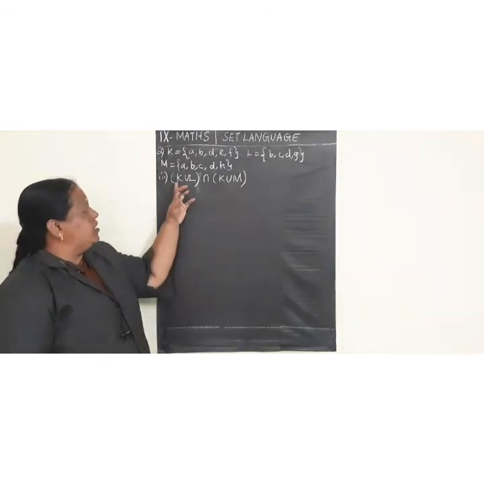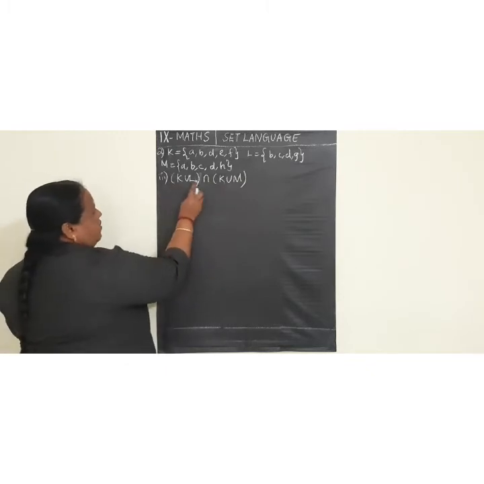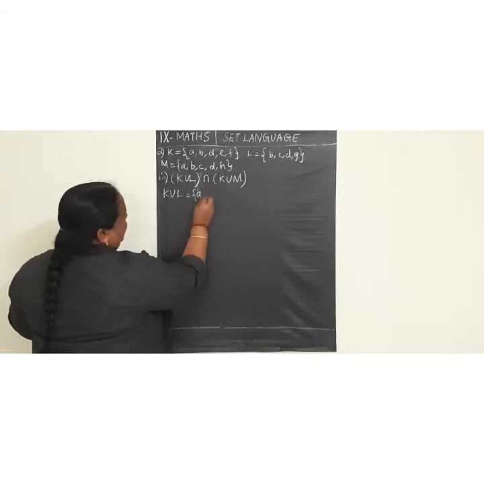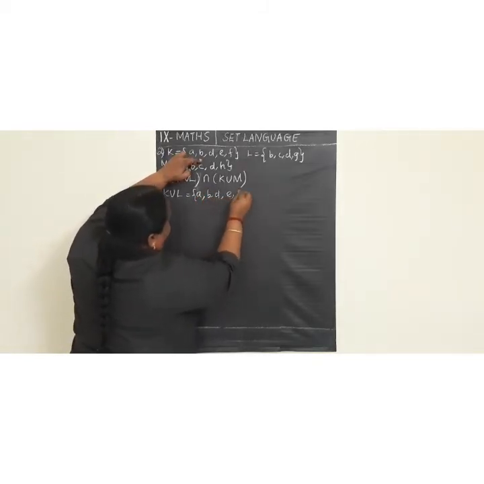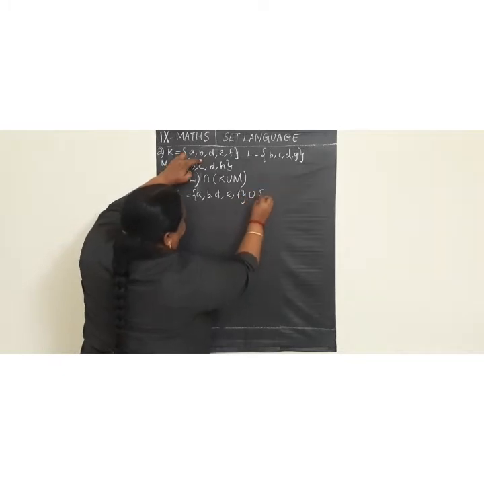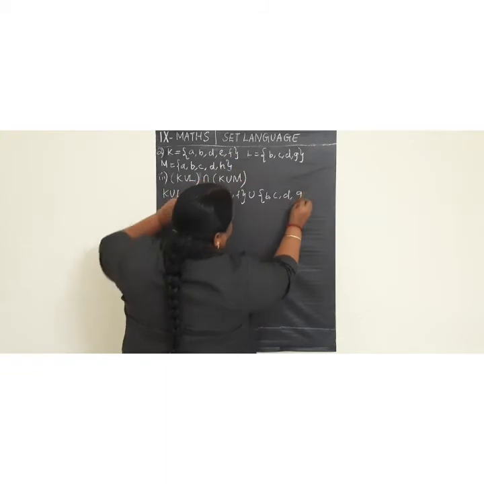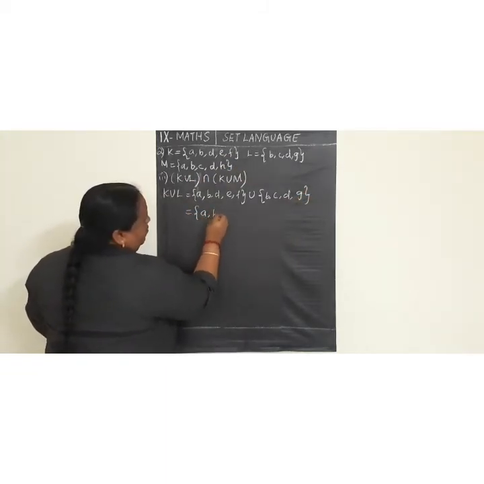The next subdivision is (K union L) intersection (K union M). So in this first we have to find K union L is equal to, first we have to write the set K, {A, B, D, E, F} union the set L, {B, C, D, G}. Union means both we have to combine and write it.